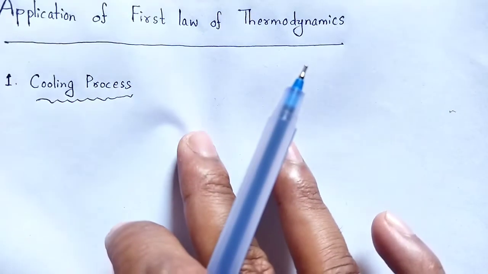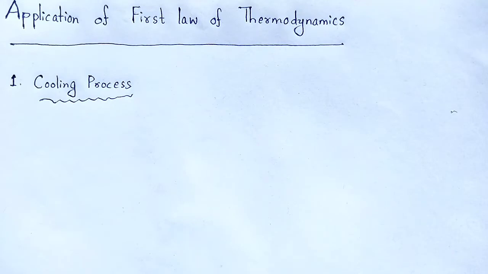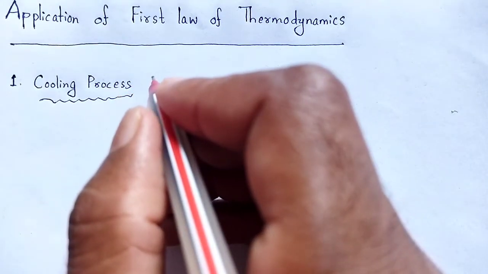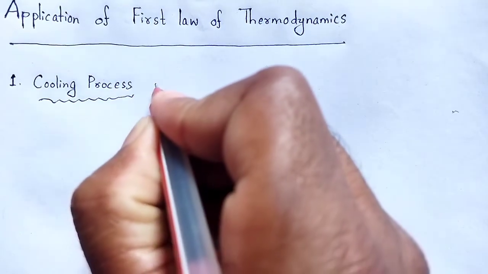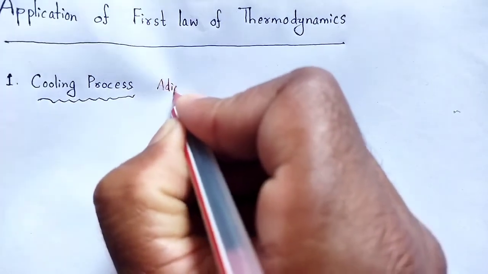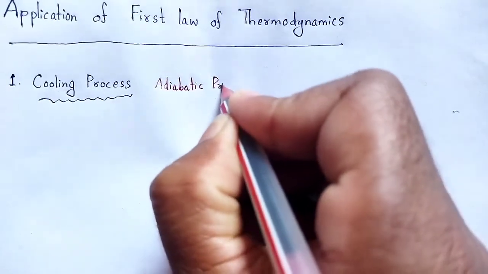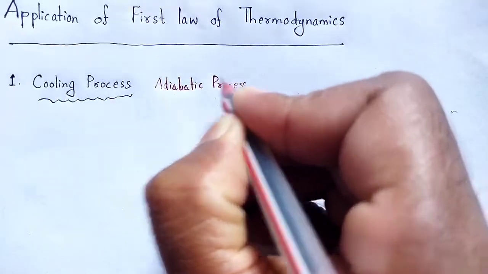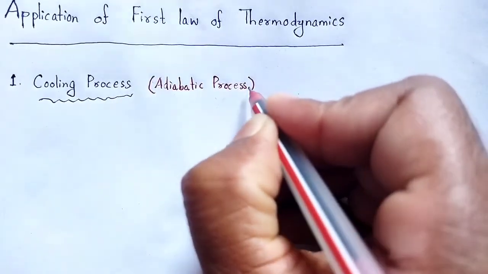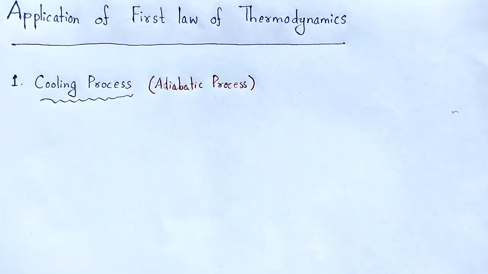Here we consider an adiabatic system, or that cooling process is carried out through an adiabatic process. Adiabatic in the sense that in the process the heat is treated as constant.